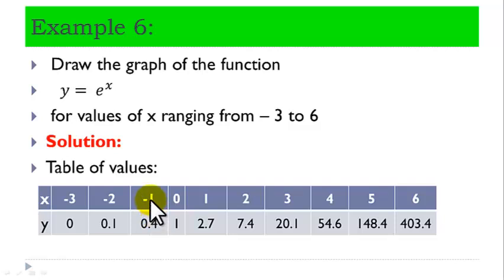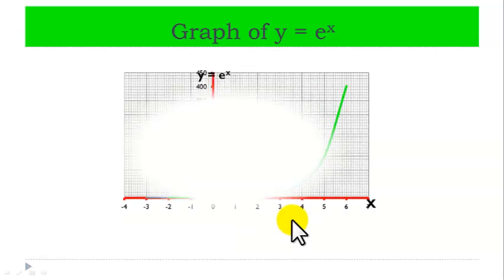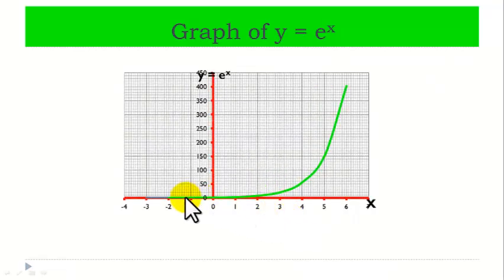When x is -1, that will be exponent -1, and that is equal to 0.4. When x is 0, y is exponent 0, which is equal to 1, and so on. So we are now ready to plot the graph of y equal to exponent x, and here is the graph. This green curve is the graph of y equal to exponent x.